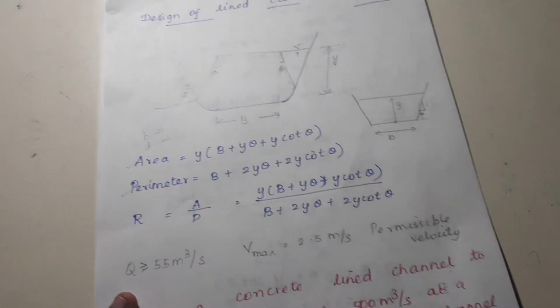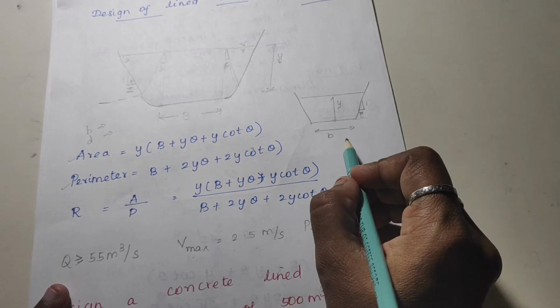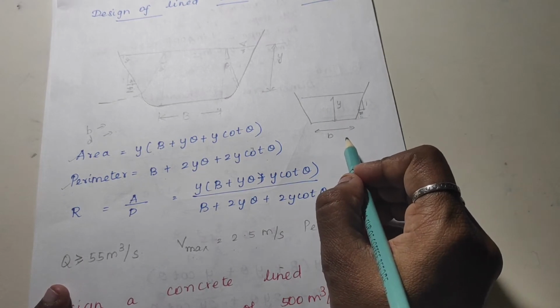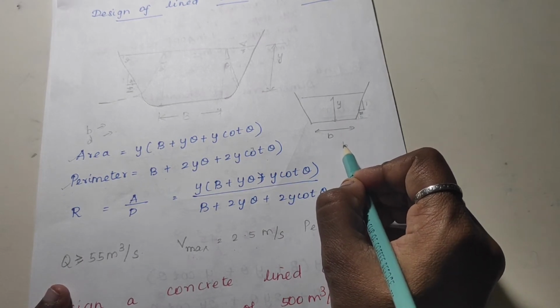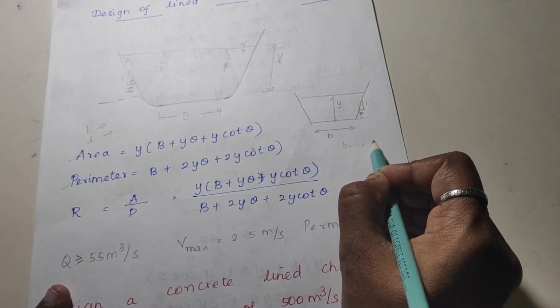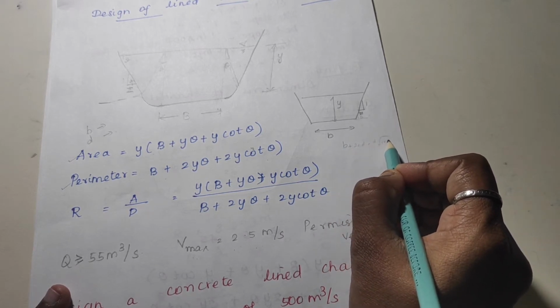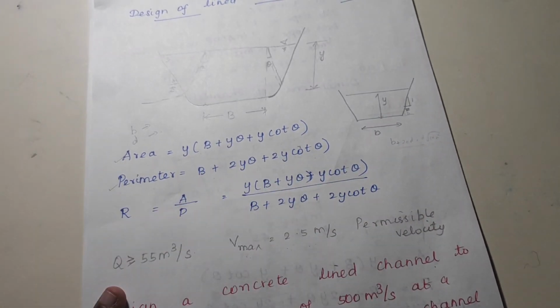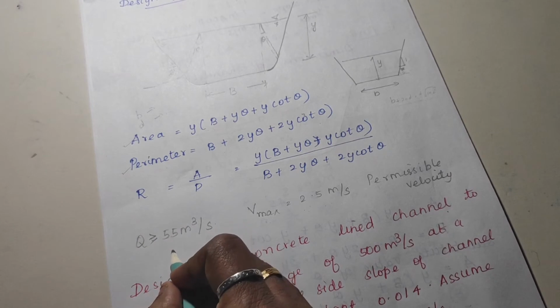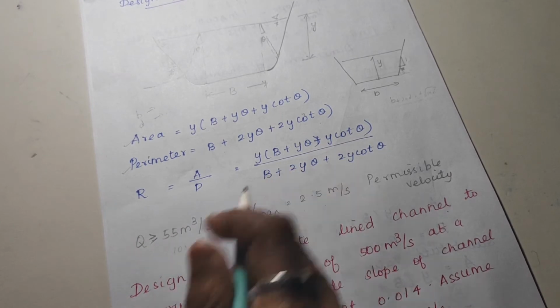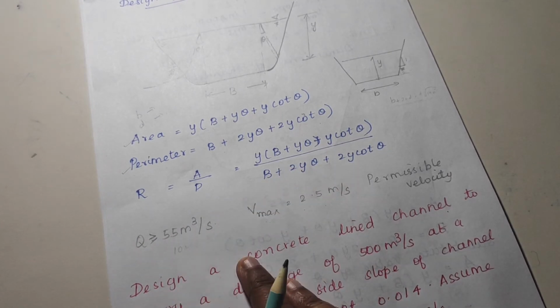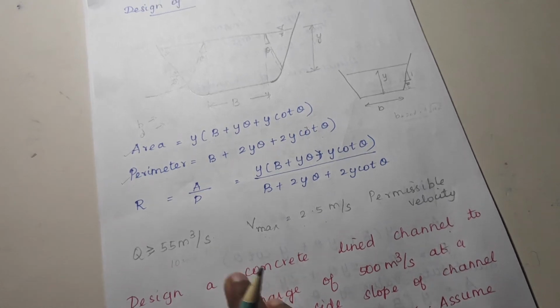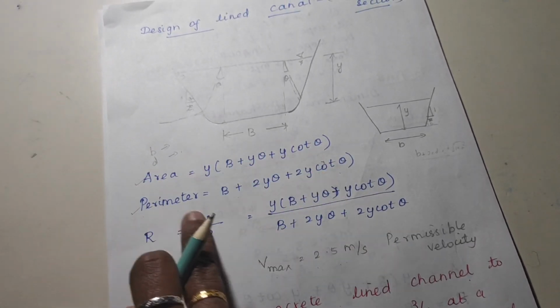In a normal trapezoidal section channel, for the most economical channel we will use the condition b plus 2nd is equal to d into root of 1 plus n square. So if they mention the discharge is greater than 55 meter cube, that is if it is 1000 meter cube per second, if it is 500 meter cube per second, in that case you have to design like this.